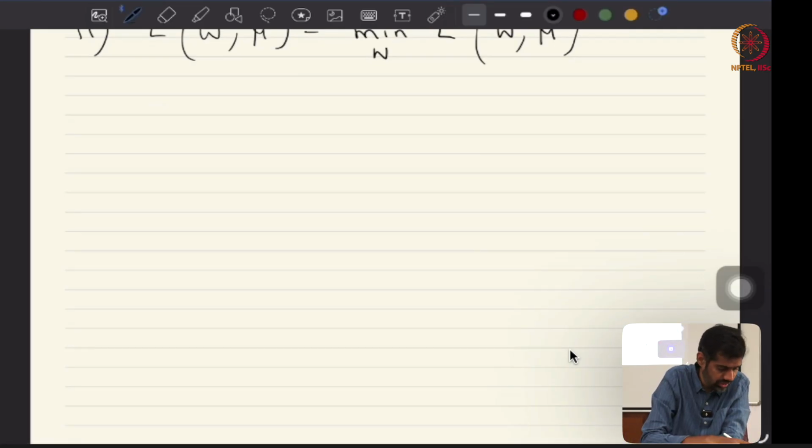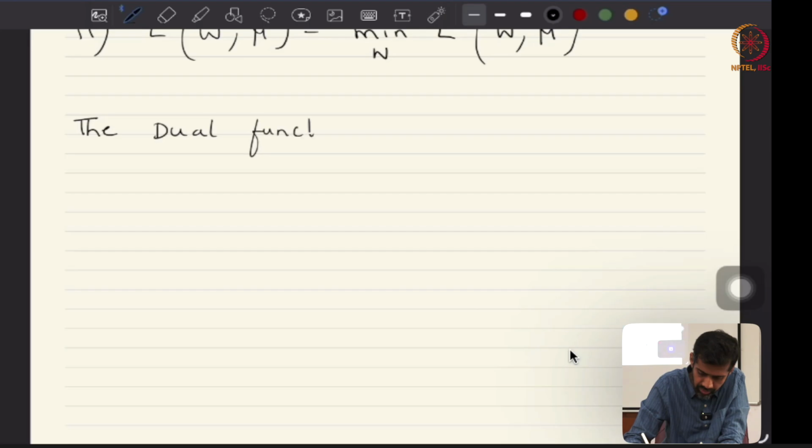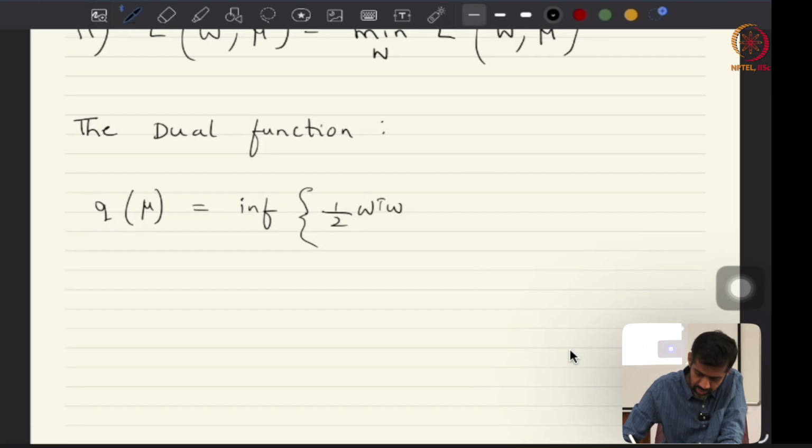Now what we have to do is construct q mu, the dual function. Q mu is the infimum over the Lagrangian. The Lagrangian is half W transpose W plus the sum over the constraints of mu i times (y i (W transpose x i plus b) minus 1).